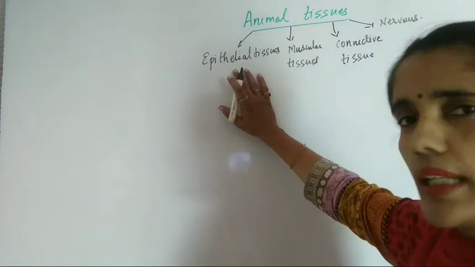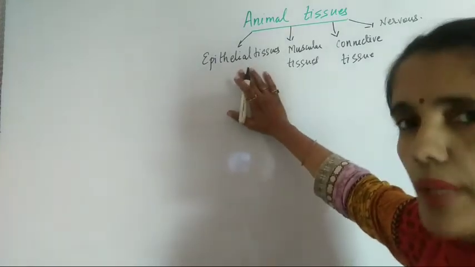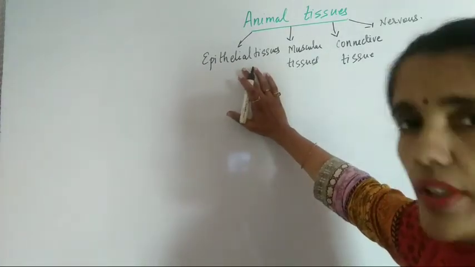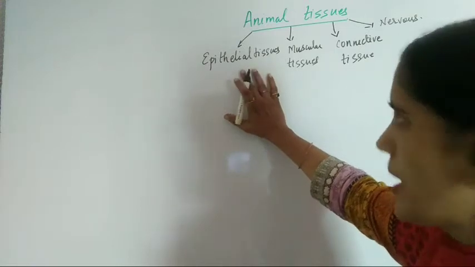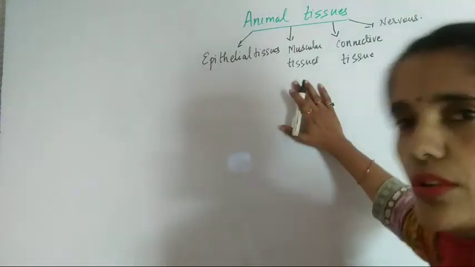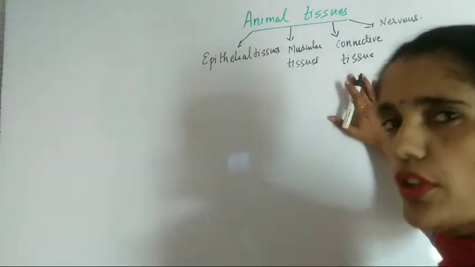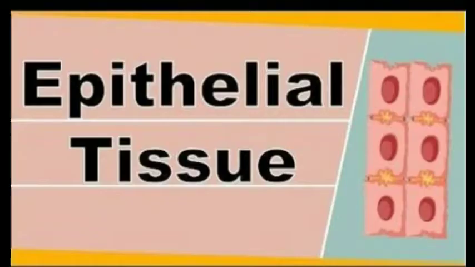And mainly, there are 4 types of animal tissues which we are going to study: epithelial tissue, muscular tissue, connective tissue and nervous tissue. First, we are going to discuss different types of epithelial tissues, its structure and where it is present.